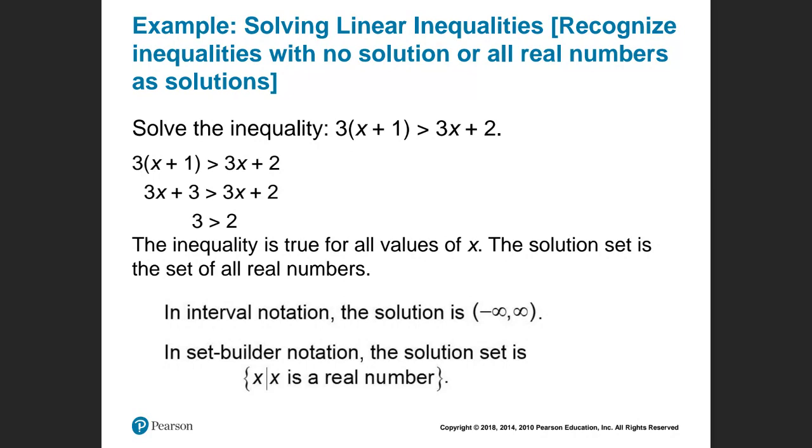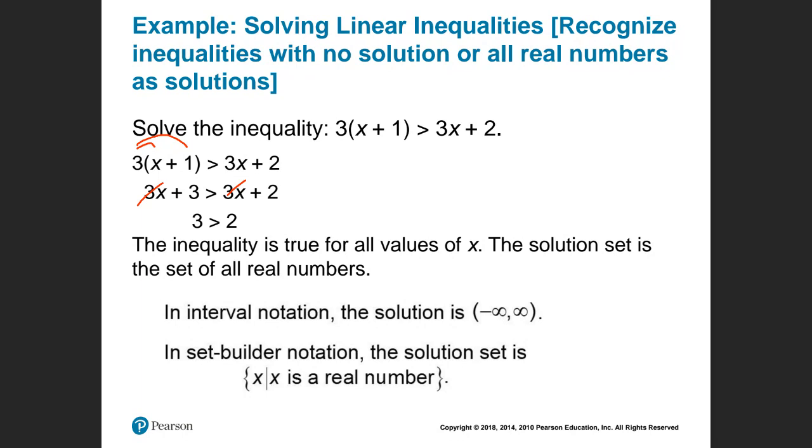Use the distributive property. 3 times x becomes 3x, plus 3 times 1 is 3, greater than 3x plus 2. So the 3x terms can cancel each other, become 0. So 3 greater than 2, yes, it's right. The inequality is true for all values of x. The solution set is the set of all real numbers.